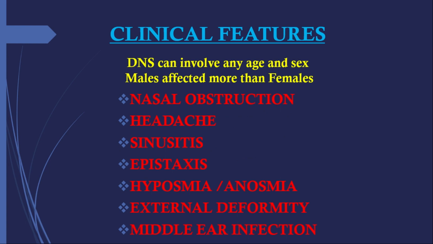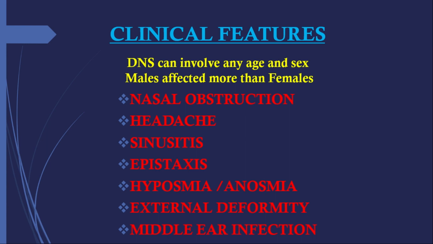The nasal cavity side into which most of the septum has deviated is narrow, whereas the other side, for example, if the right nasal cavity is narrow due to the deviated septum, the left nasal cavity may be roomy or spacious, and that can give rise to a unilateral type of nasal obstruction.